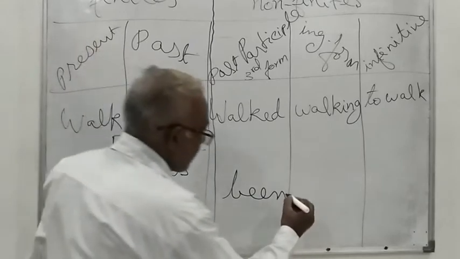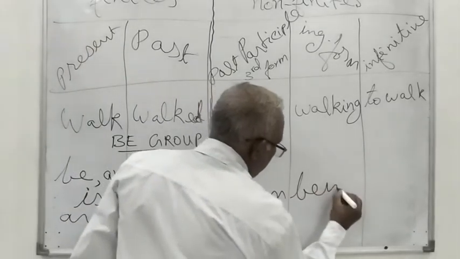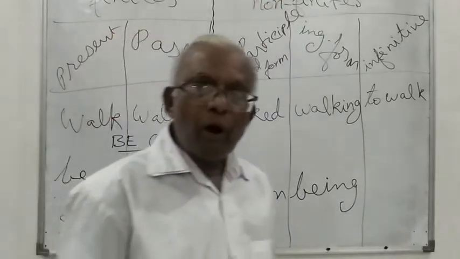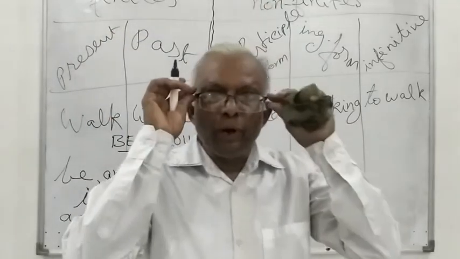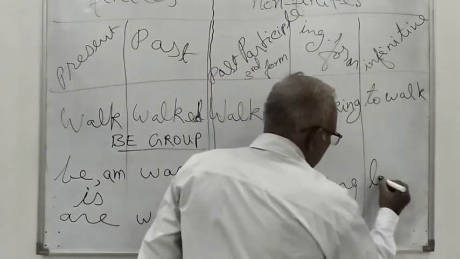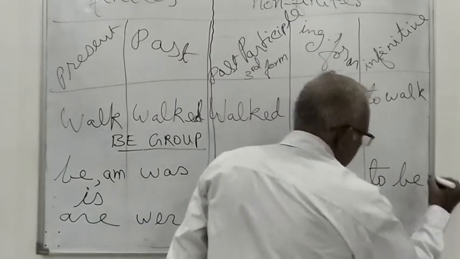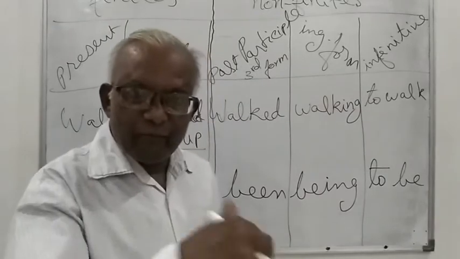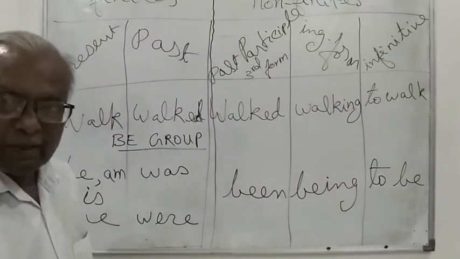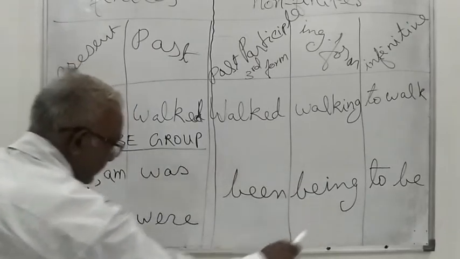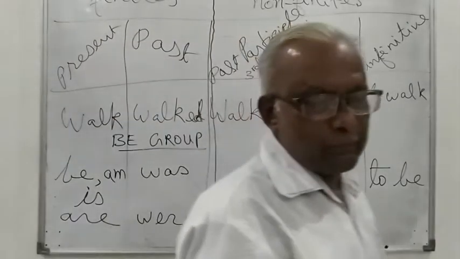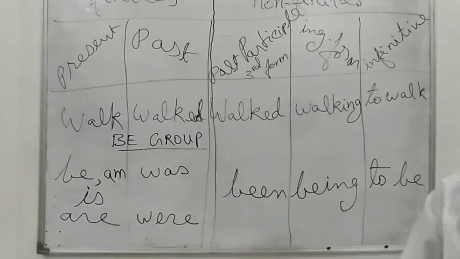Similarly, being is the ing form of any B group verb. And to be is the infinitive form of a B group verb. So all these taken together we call B group verbs. They are very important, remember.